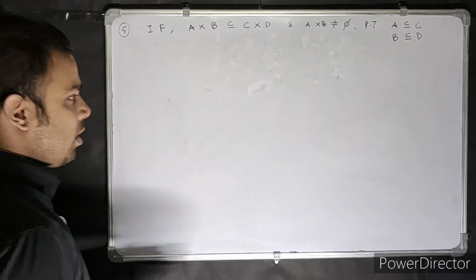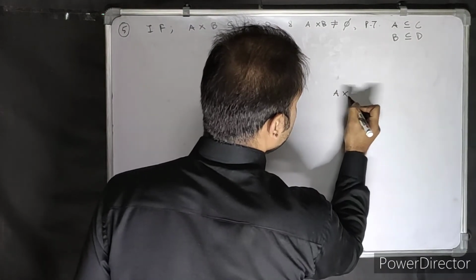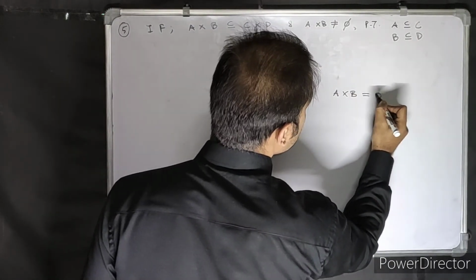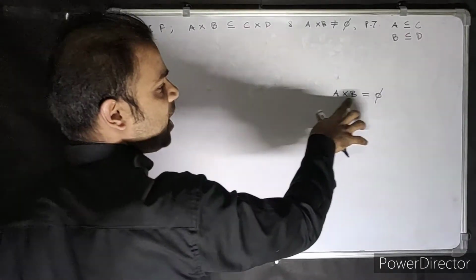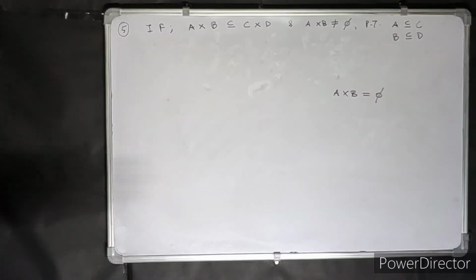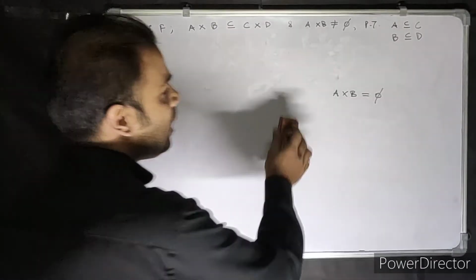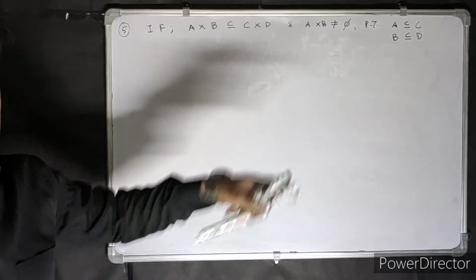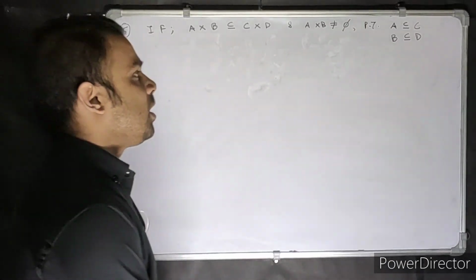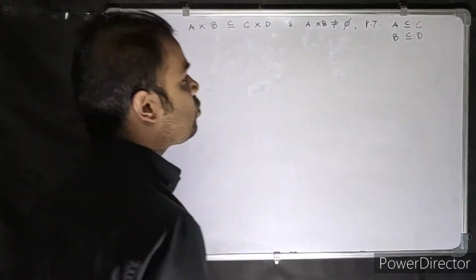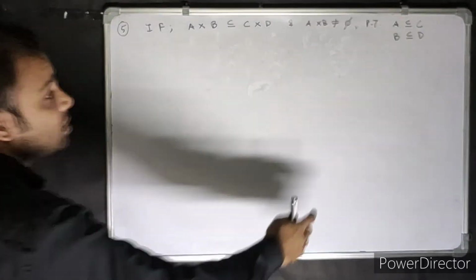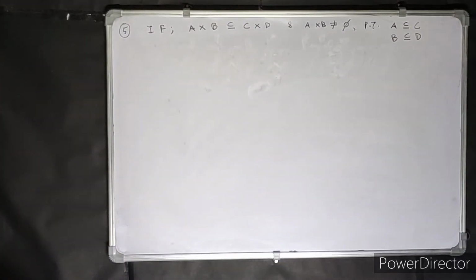So if this was given as A cross B is equal to empty set, that means the relation is empty. It doesn't have any elements. But it does have, because it's not empty. Then you have to prove that A is a subset of C and B is a subset of D.